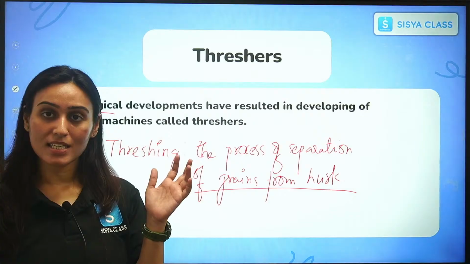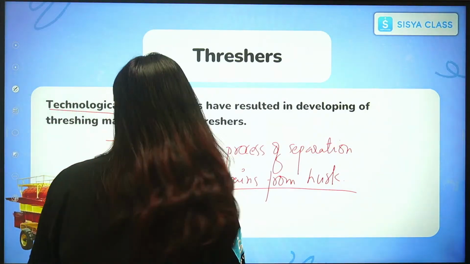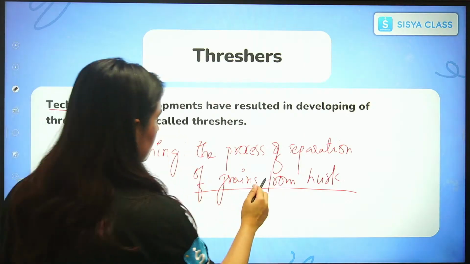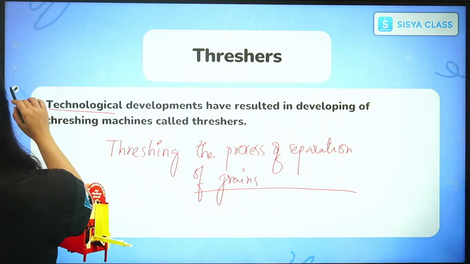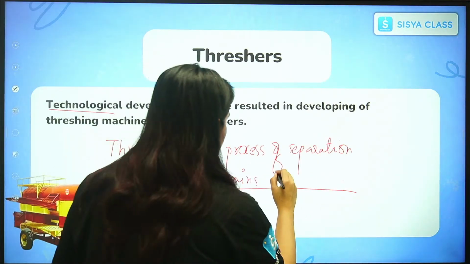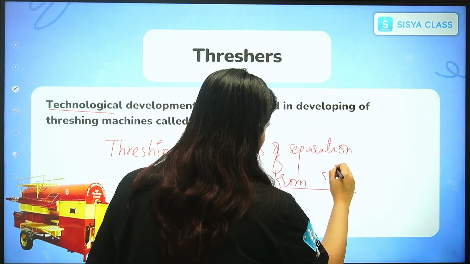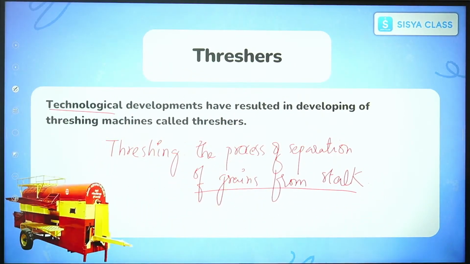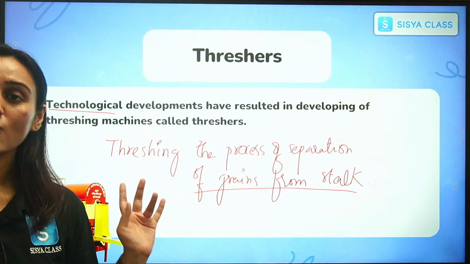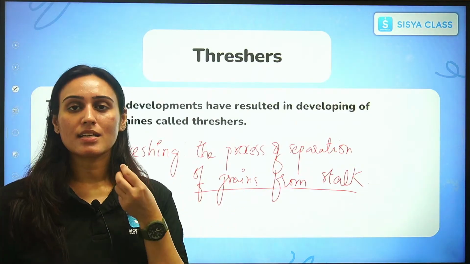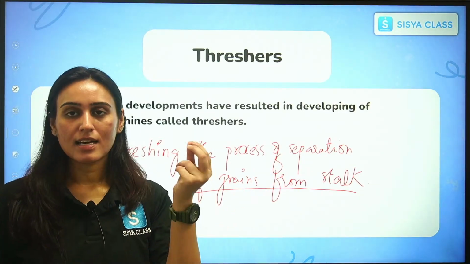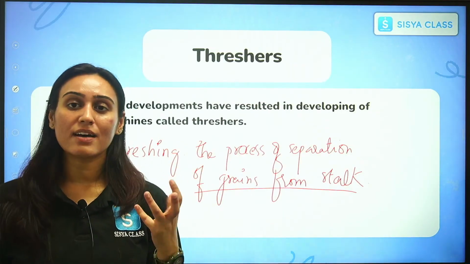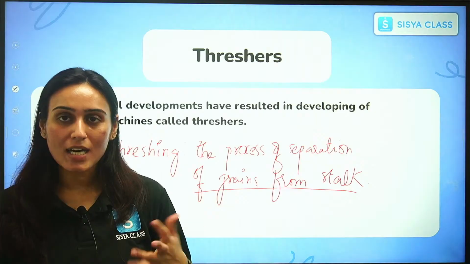So we have done threshing from the stalk. So this is what we mean by threshing, process of separation of grains from the stalk. But the disadvantage was that when we were trying to remove the grains, the husk also came into the picture. So our final task is to remove the grains from the husk as well, right?